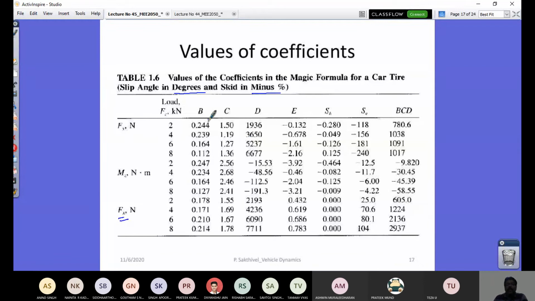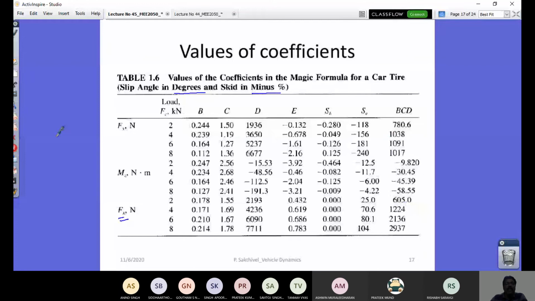So this gives you all these factors here. This is the stiffness factor, shape factor, peak factor, curvature factor, your horizontal shift and vertical shift, and the product of BCD. So tan inverse of the product of BCD would give you your cornering stiffness or your skid stiffness and so on, that we have seen. So this table goes with the formula.